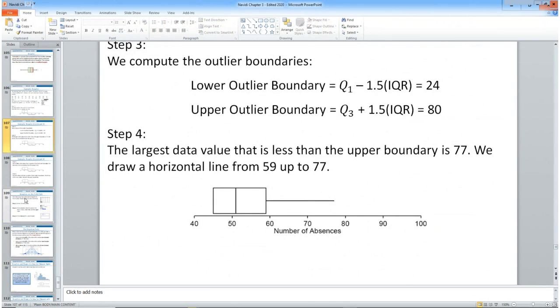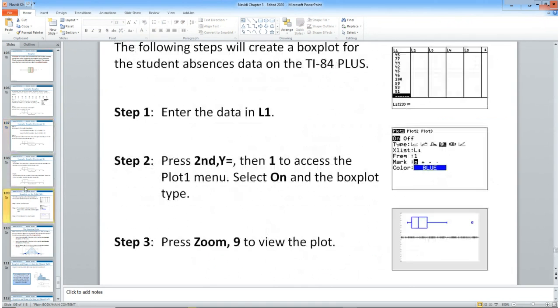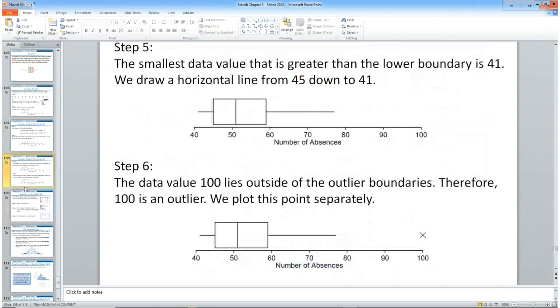That's why we're using 77, because it was the first one just lower than 80. And then we mark it right there. That's 77 at that end. 80 was the upper boundary, so 77 was the first piece of data that was less than that.